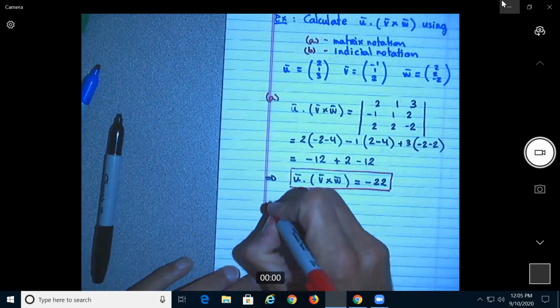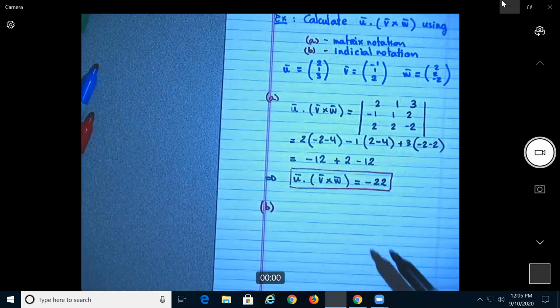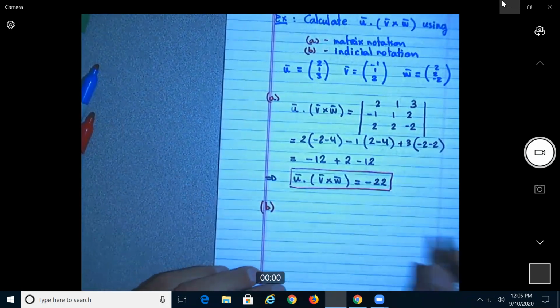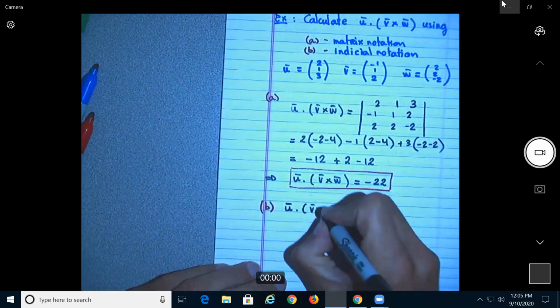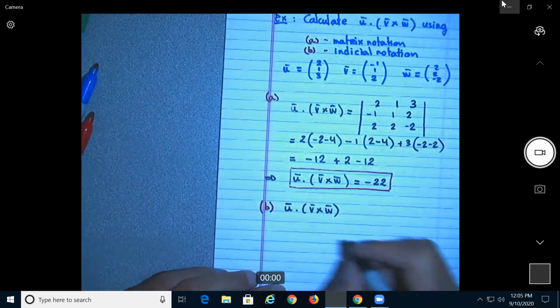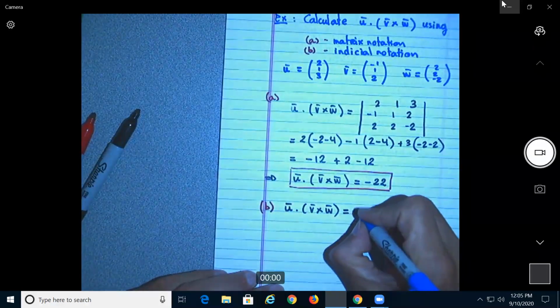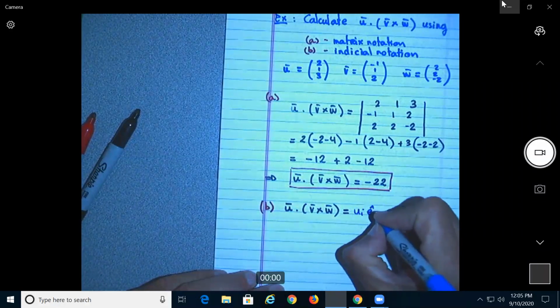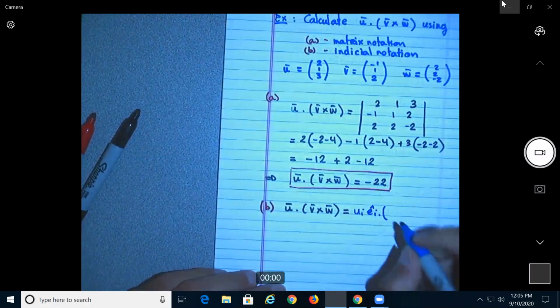Okay, so we know part B is going to be probably a lot longer. So part B, we need to do U dot V cross W. We know this would be equal to U sub I, E sub I, and then we first need to do the cross product.